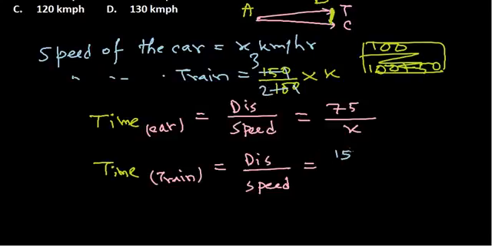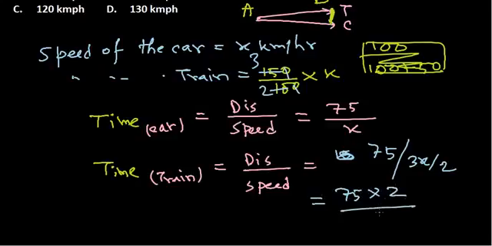So the distance traveled is 75 and the speed is 3x by 2, so it is going to be 75 multiplied by 2 divided by 3x.